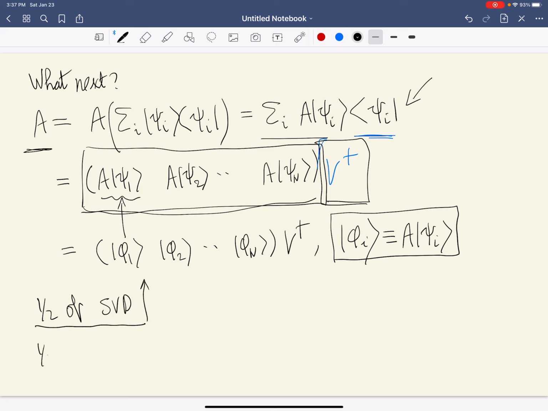And now let's try to finish up the other half of the singular value decomposition. The second half of the SVD relies on making sense of this new object called phi i.